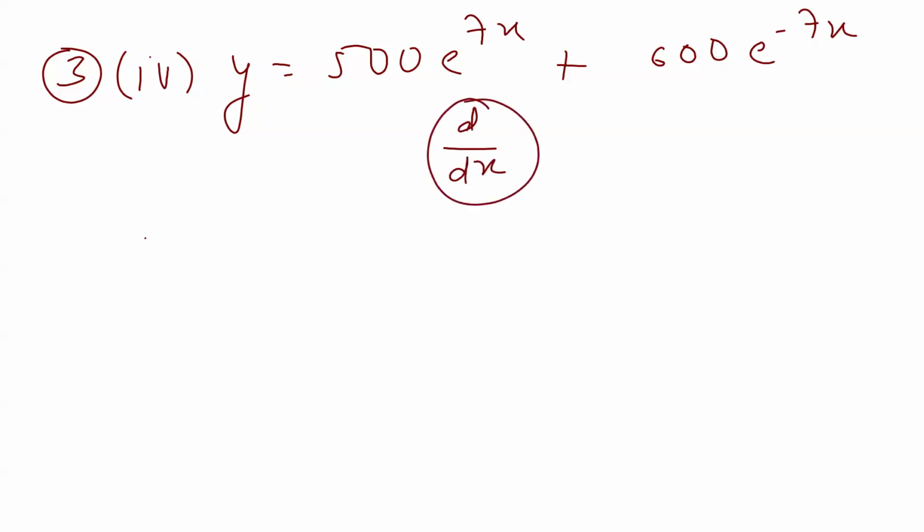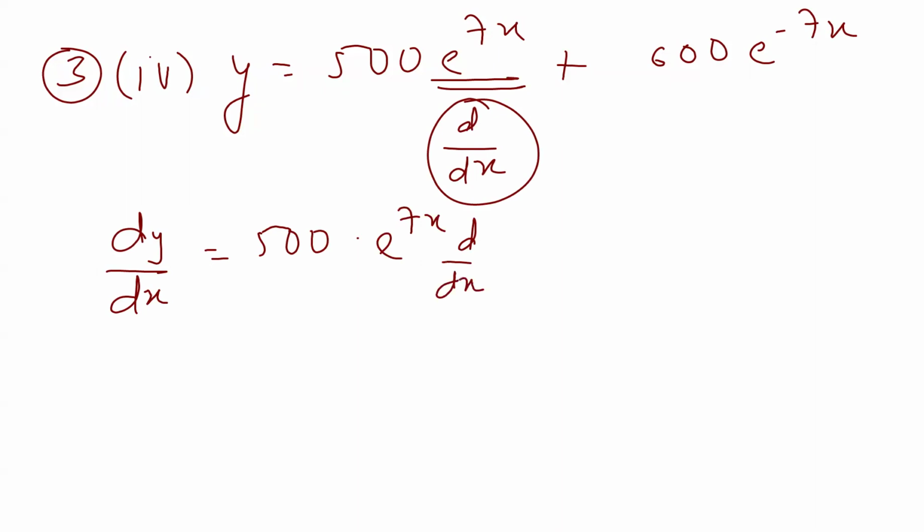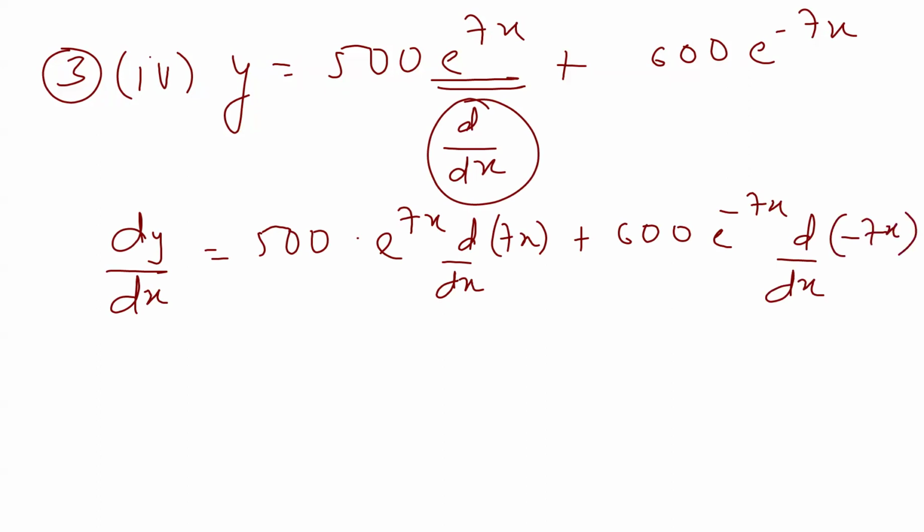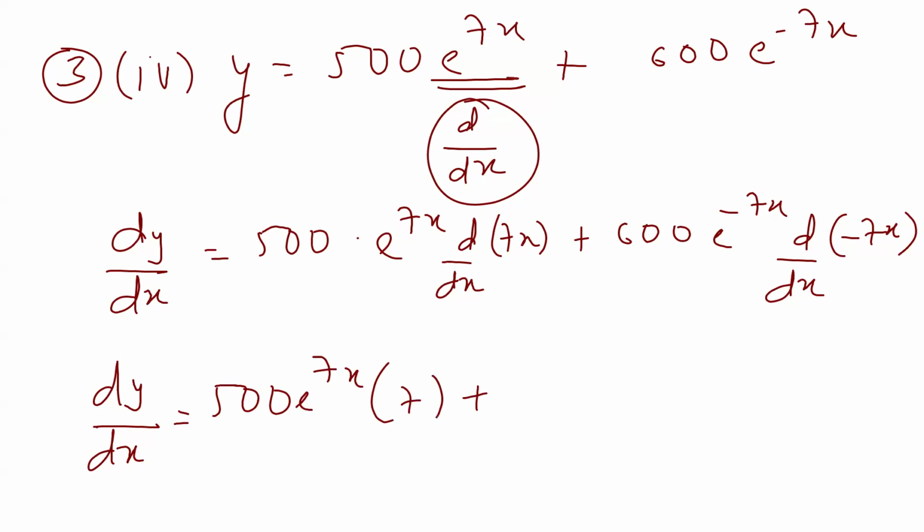So dy by dx, 500 will remain as it is. D by dx of e raised to 7x is e raised to 7x d by dx of 7x, plus 600 e raised to minus 7x d by dx of minus 7x. Okay, so dy by dx is equal to 500 e raised to 7x into 7 plus 600 e raised to minus 7x into minus 7.